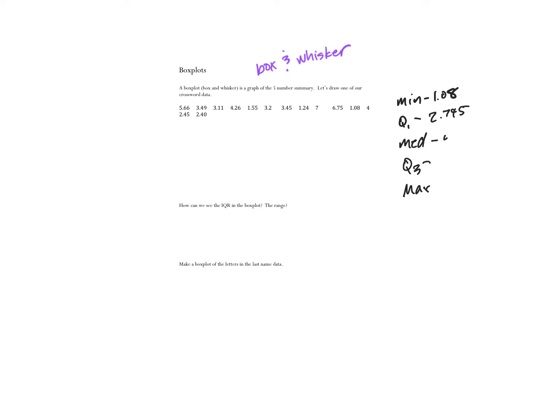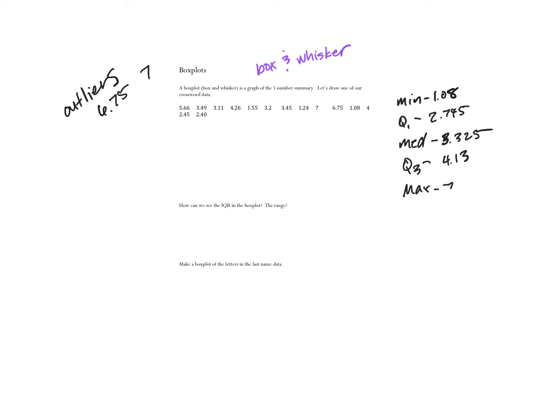No. At this point, I'm confusing all my different data sets. I've got like 3.325. Q3 was 4.13. And then the max was 7. Cool. And then we had outliers at 6.75 and 7. Perfect. All right.